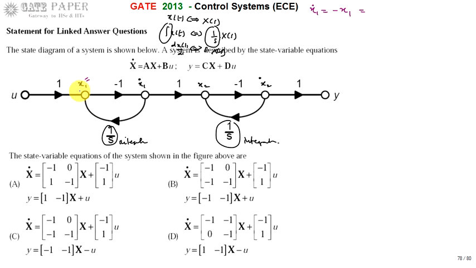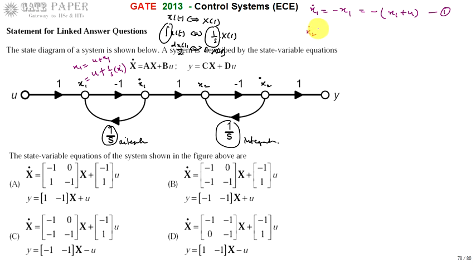So x1 can be written as u into 1, u, plus 1 by s times x1 dot. x1 dot is nothing but differentiation, and integration and differentiation cancel. So this will be x1 is equal to u plus x1 only. So minus x1 is equal to u plus x1, that I am writing as minus x1 minus u. So this is the first equation.